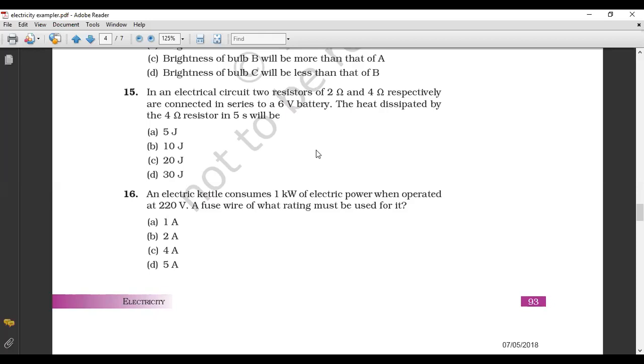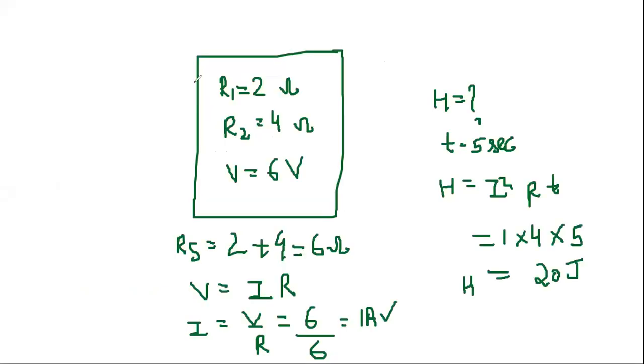So how to find it, dear students? As we know that power is equal to the product of potential and current. Power is equal to the product of potential and current. So from here current is equal to power upon potential. So power given is 1 kilowatt.